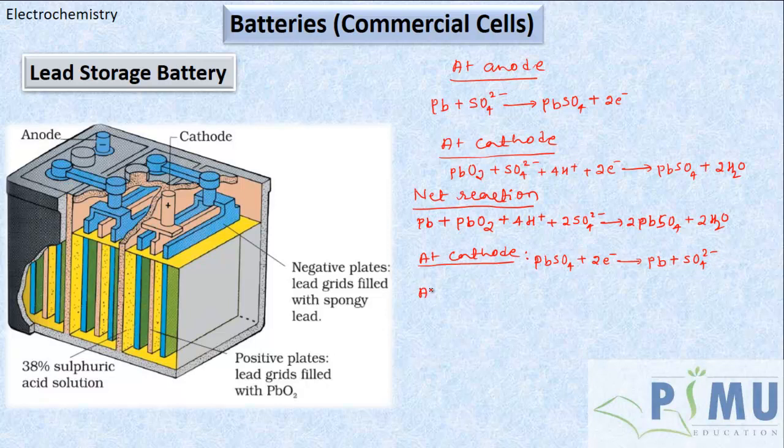At anode, PbSO4 plus 2H2O gives PbO2 plus SO4 2- plus 4H+ plus 2 electrons.